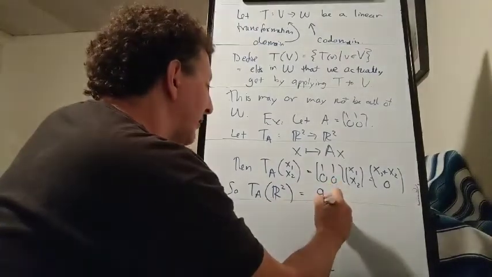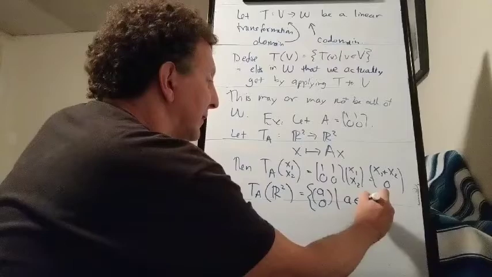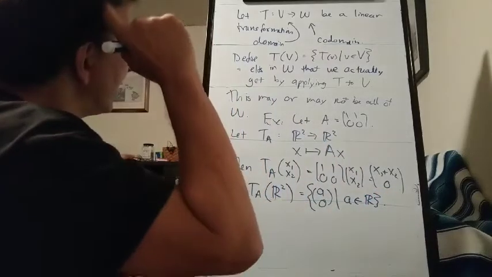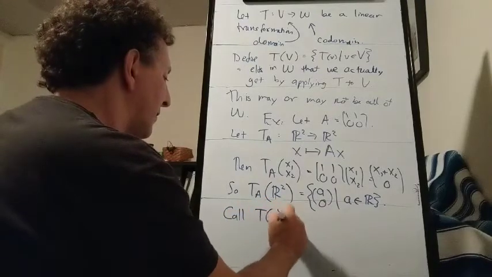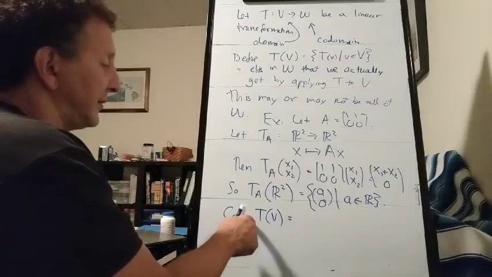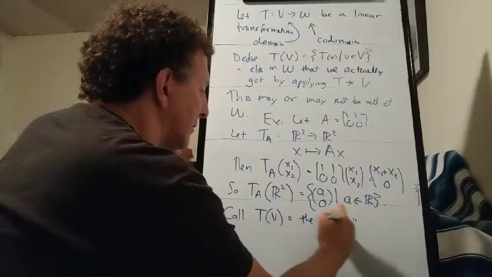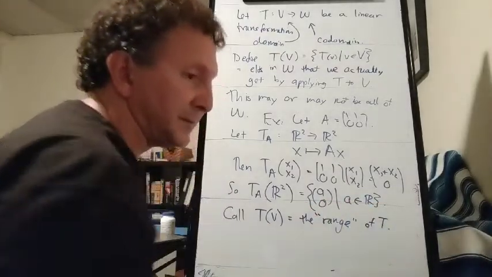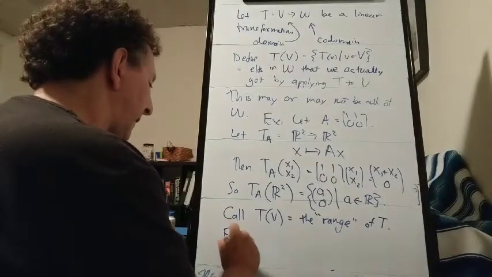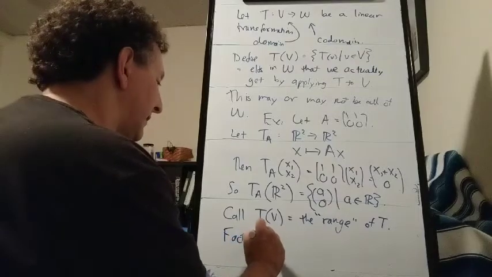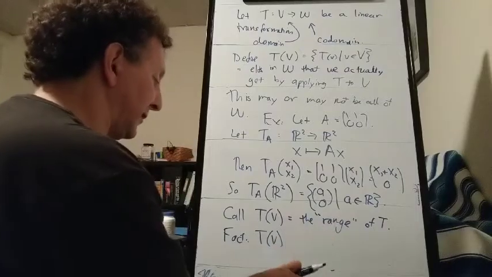So it's going to be all vectors of the form (a, 0), where a is a real number. So we call this set T of V the range of T. And the range is always a subspace of W.